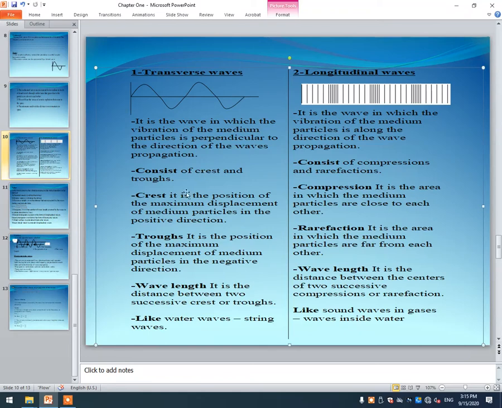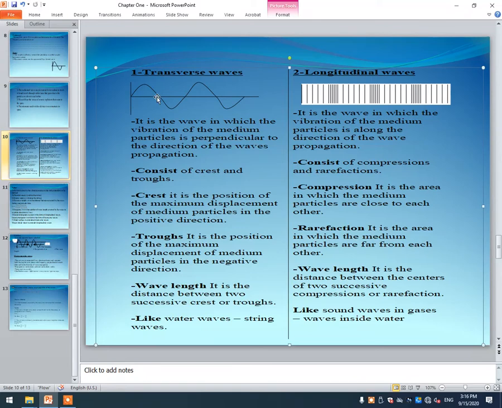You now can tell me what is the meaning of same phase. Same phase means the two points are located at the same position and in the same direction. What about, for example, this point and this point? Do these two points have the same phase?